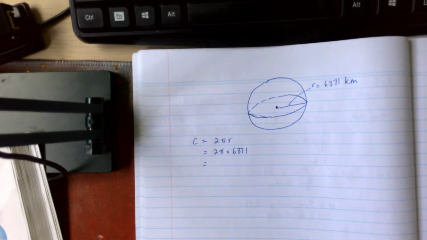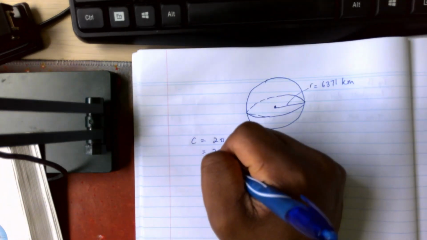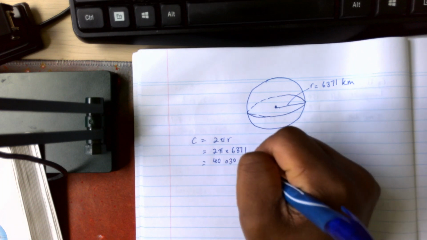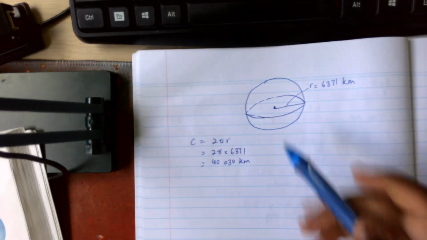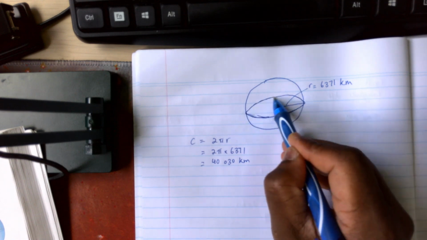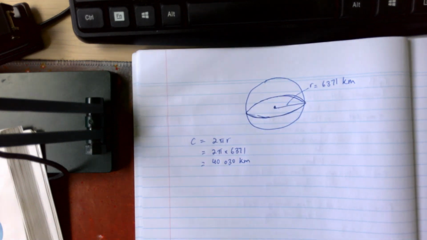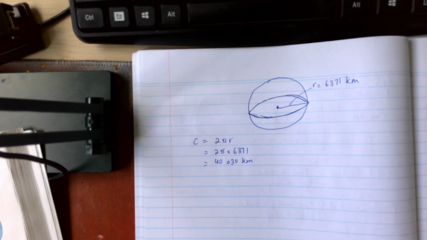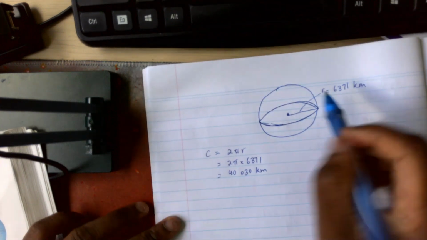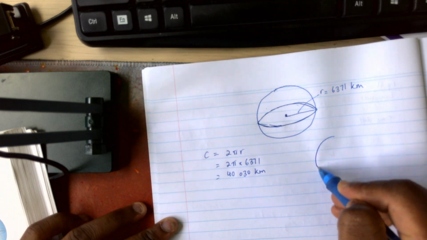When you do this calculation, you get 40,030 kilometers. So the circumference of this great circle, which is our equator, is approximately 40,030 kilometers.